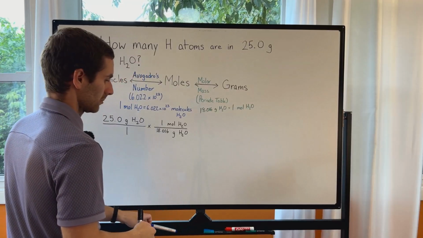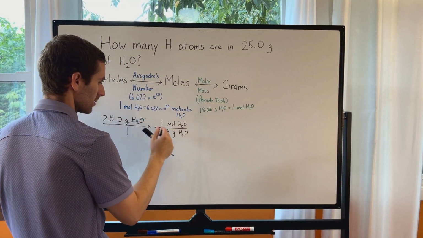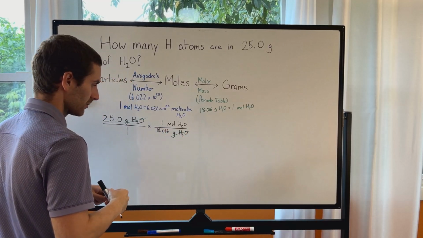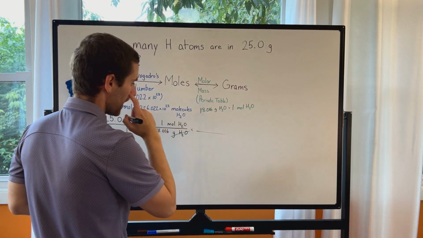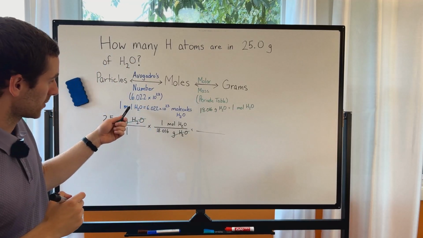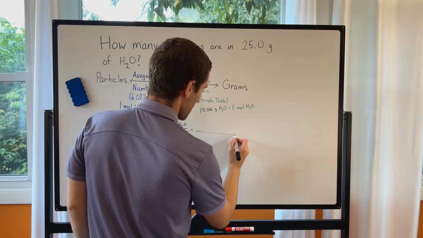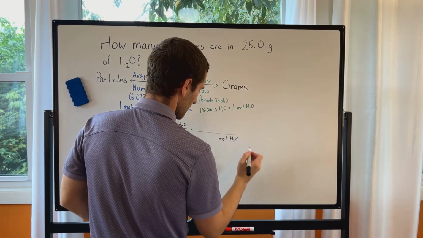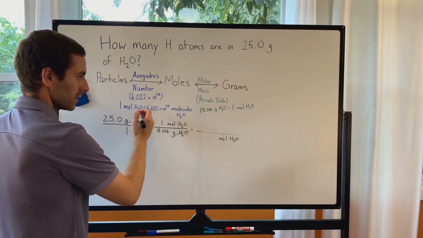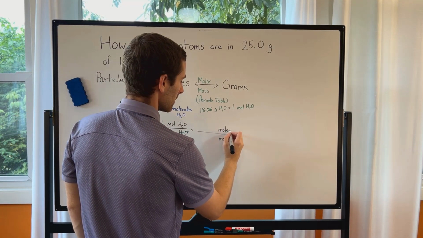So do the grams to moles first. Grams cancel. And then now we know this conversion as well. So we have moles now on top, so we're going to put moles on the bottom. We know how to convert that to molecules of water.